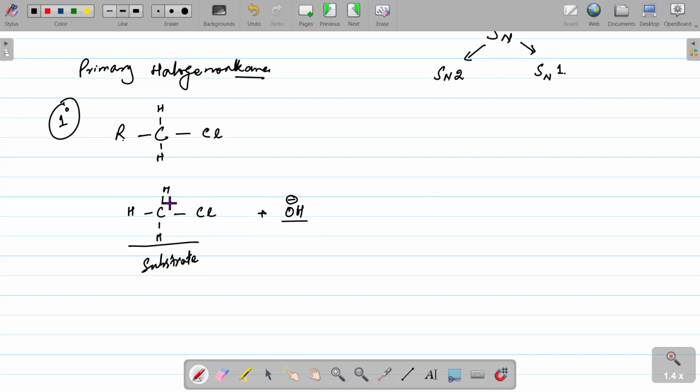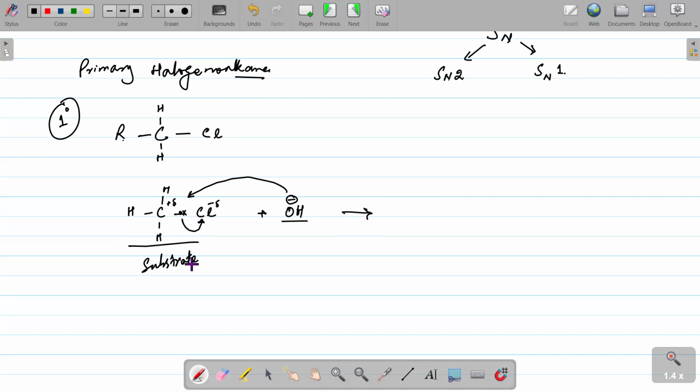It will attack the partial positive carbon right here, and the pair of electrons which was shared between carbon and chlorine will go to the chlorine atom.